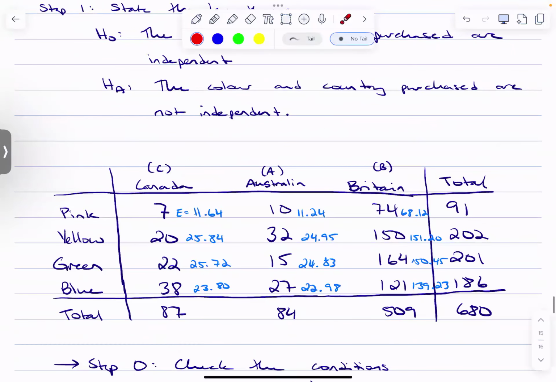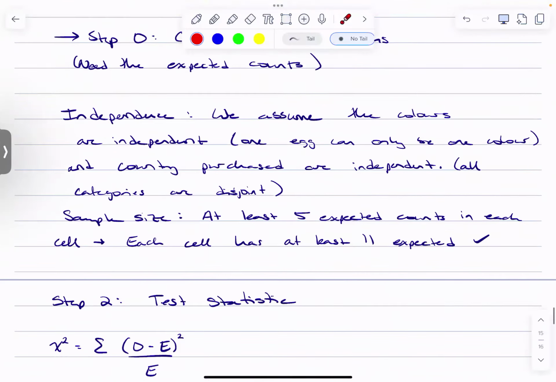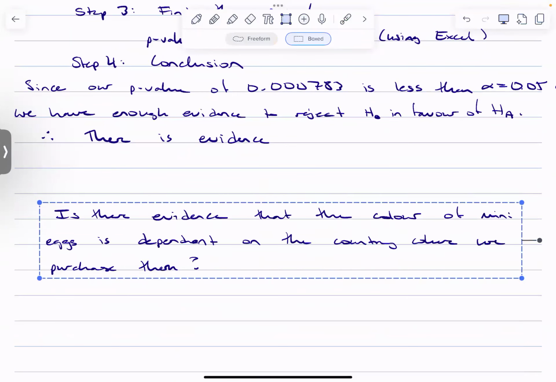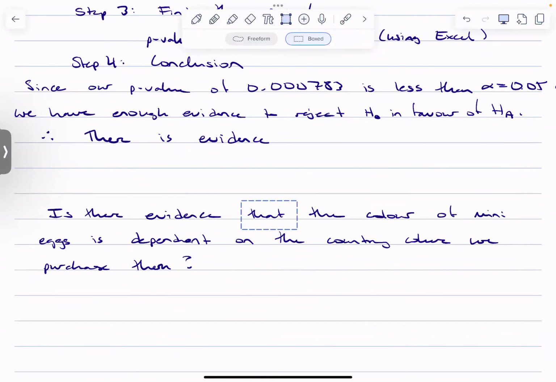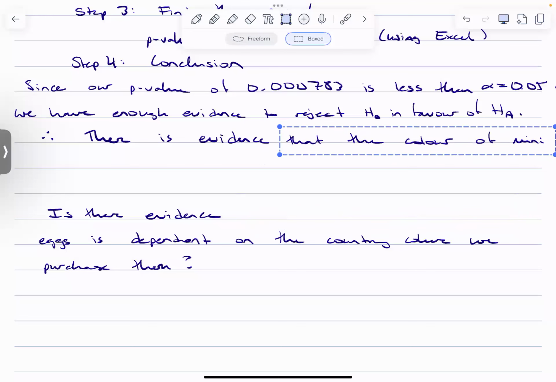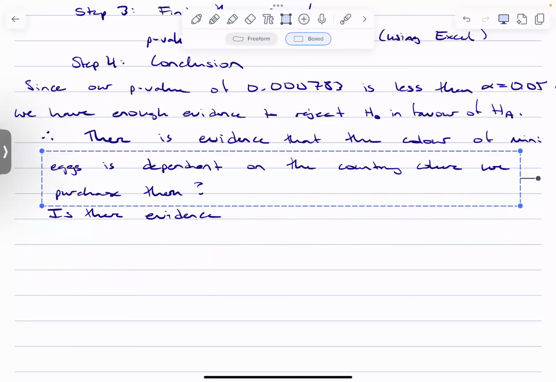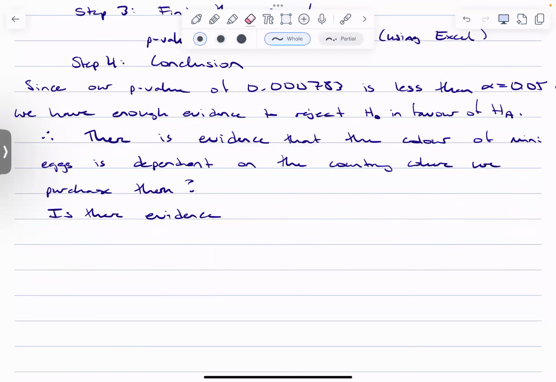Whichever one you want to choose. If you want to choose the alternative and just use that in your conclusion, that's fine. But I'll just steal from the question itself. Evidence that the color of mini eggs is dependent on the country where we purchase them, period.